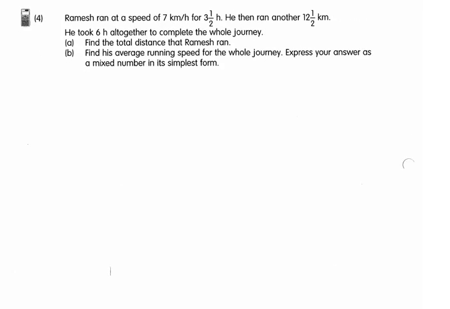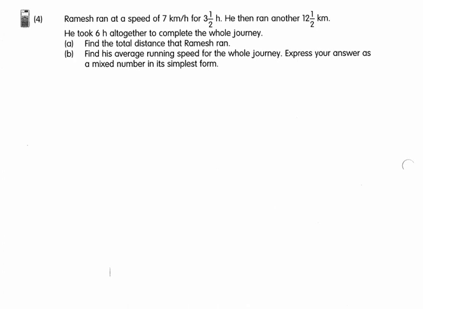Ramesh ran at a speed of 7 km per hour for 3.5 hours. He then ran another 12.5 km. He took 6 hours altogether to complete the whole journey. So how many parts are there to the journey, Ashley? Only one, Ashley, right?